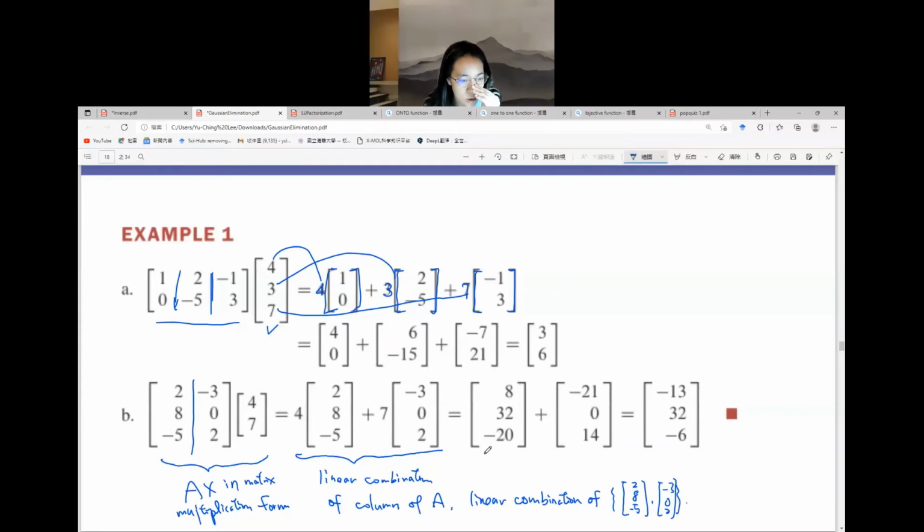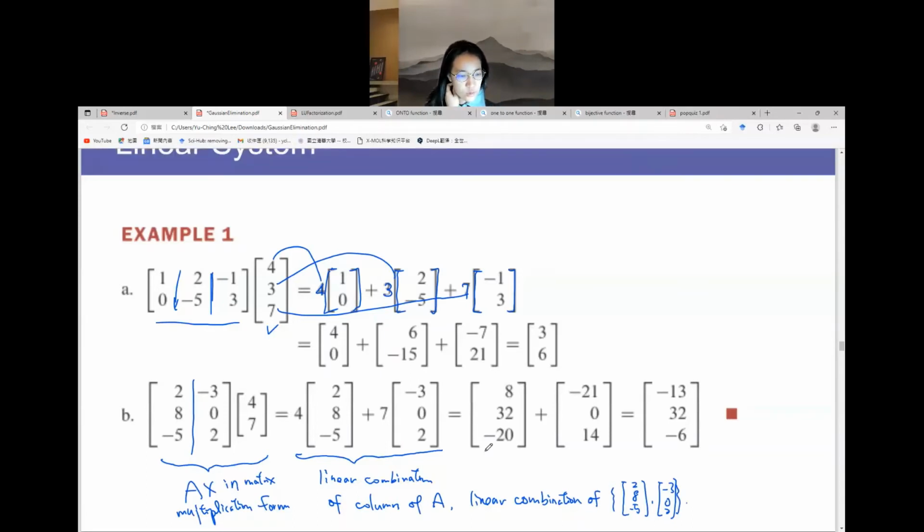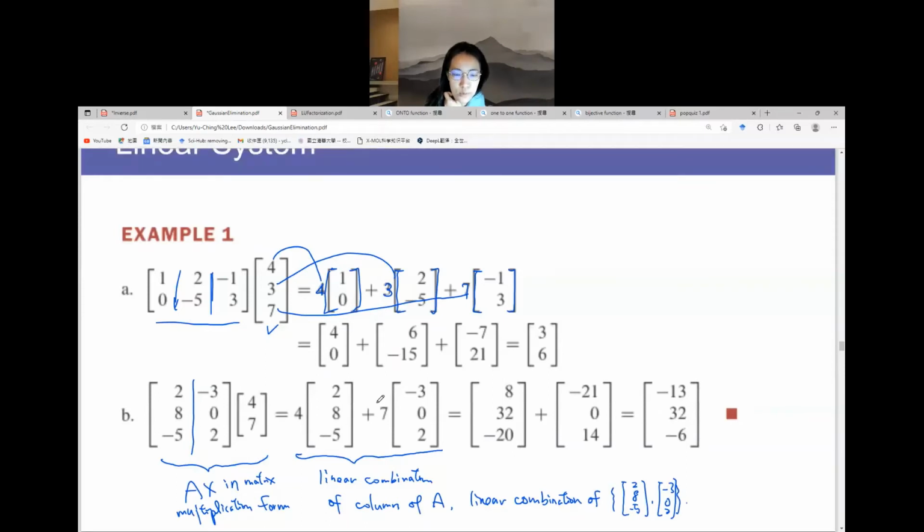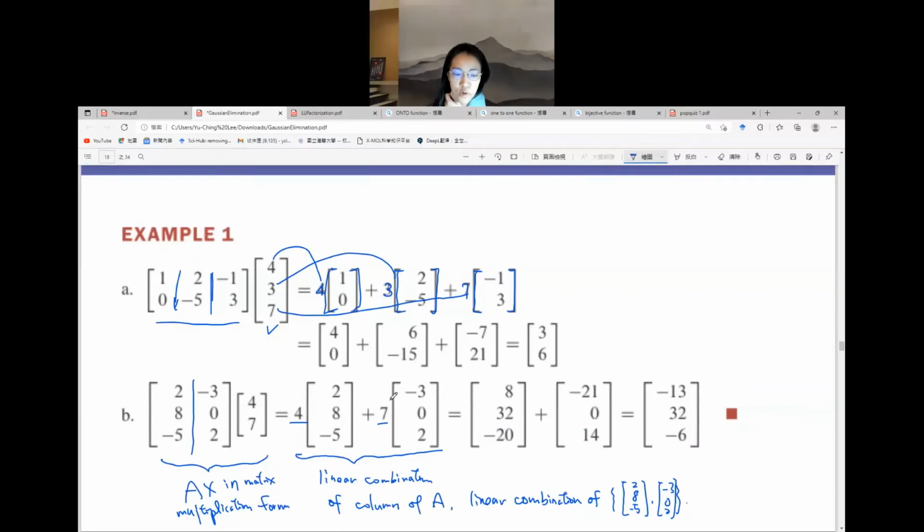But later in our lab session, the next lab session, which is close to the end of this month, you will see there are a lot of applications of linear combinations expressed using matrices. For example, we have the colors RGB, red, green, and blue, and we are combining the portions of R and G and B by controlling the scalars in front of them.